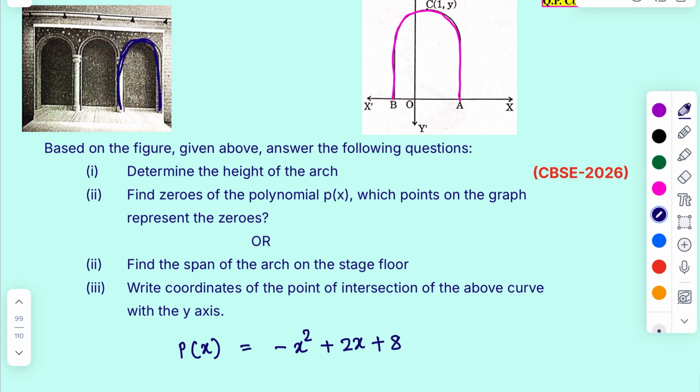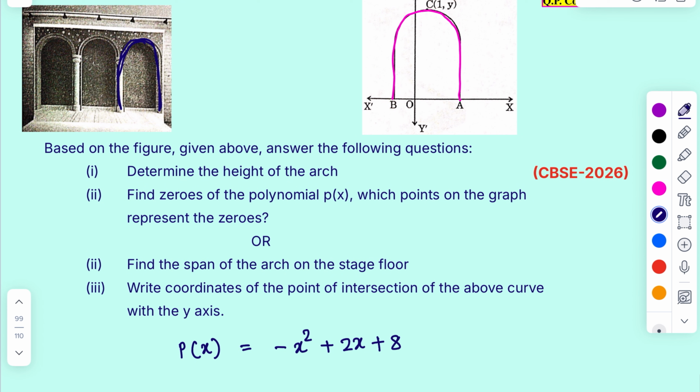So now we put minus x square plus 2x plus 8 equal to 0, or we can write this as x square minus 2x minus 8 is equal to 0, if we take minus 1 as common, or multiply both sides by minus 1.